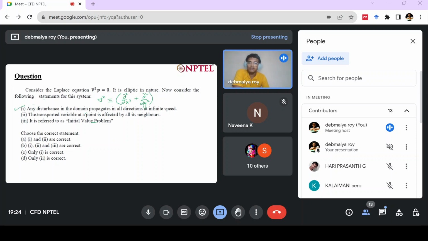What about the second statement? The transported variable at a point is affected by all its neighbors. Is this correct? Yes, it's correct. Since there are no characteristics, there will never occur any situation where a change is occurring at a point and the neighboring points are not affected.